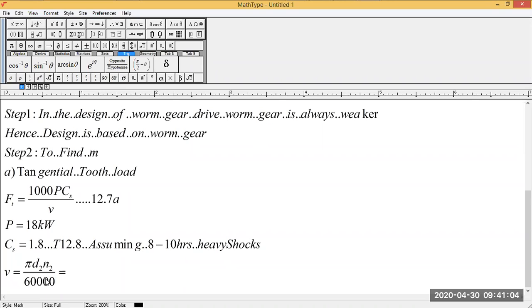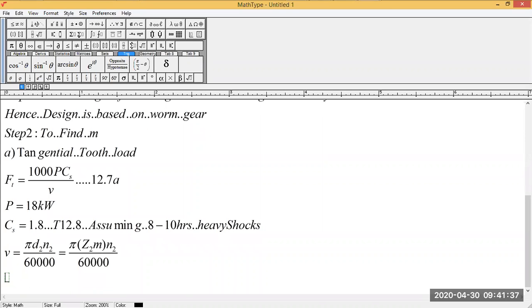Here we are not aware of the diameter, so we'll change this diameter to Z2 and M, instead of the diameter D, since we don't know either of them. So now we need to find Z1 and Z2. Z2 is not known to us yet.